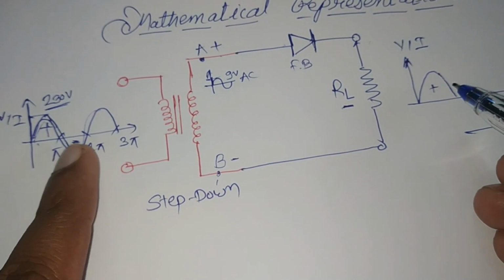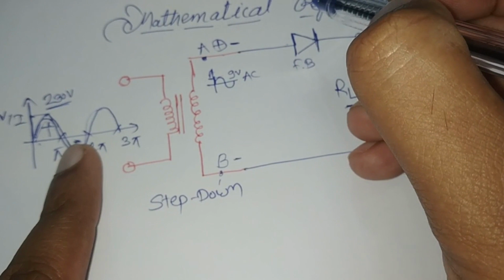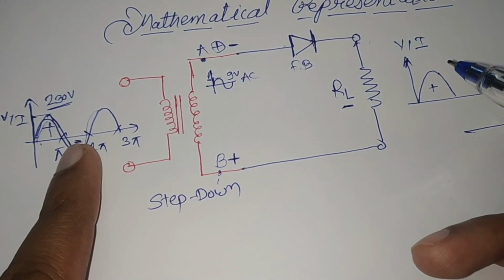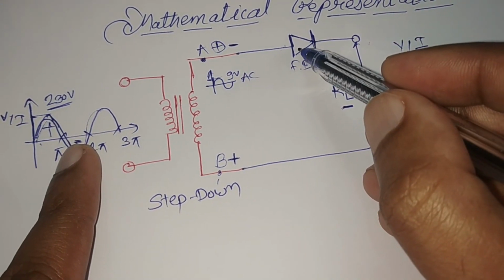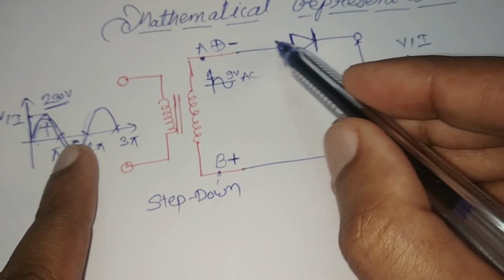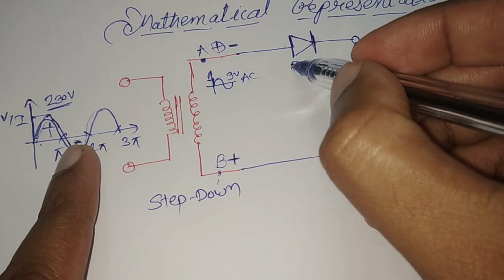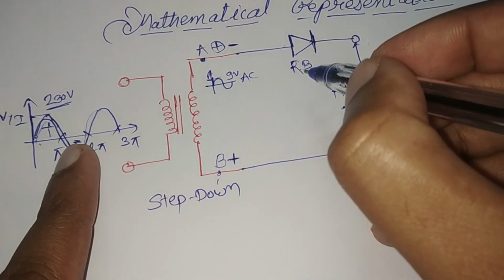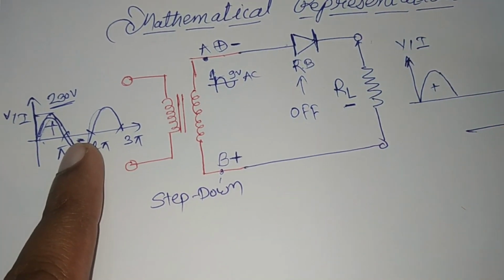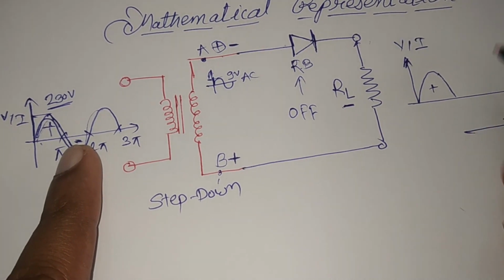In the negative cycle, point A will become minus and B will become plus. So now what will be the condition for this diode? The diode anode is connected to negative and the cathode is connected to positive. So it will go into reverse bias. In reverse bias, it will be off.